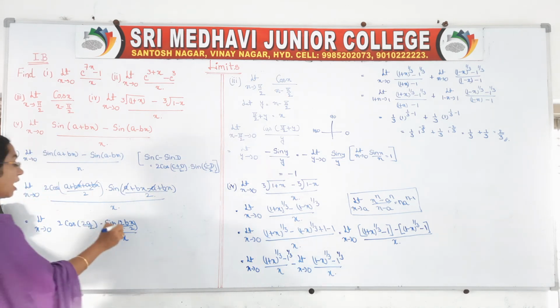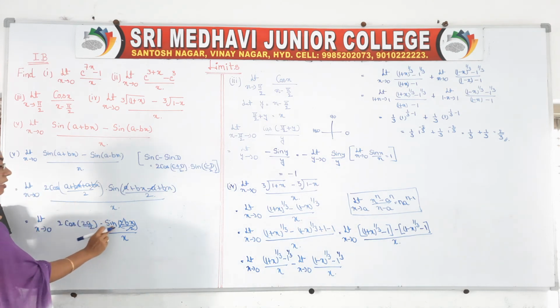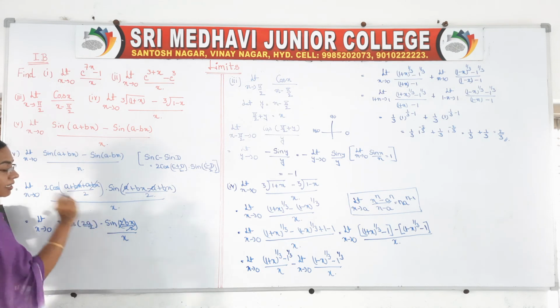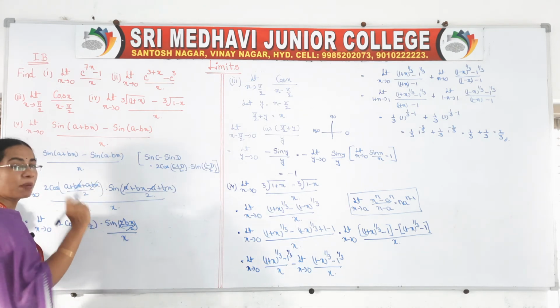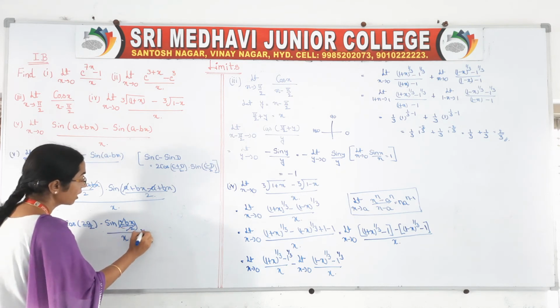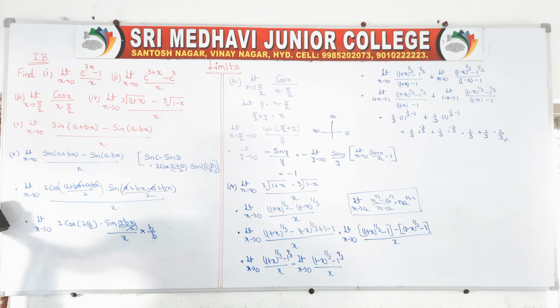Why? We are having one standard formula. Which formula? It is limit x tends to 0 sin x by x is equal to 1. So if you observe here, sin bx is there, x is there. Suppose here also b is there, we can apply that formula. That's why multiplying and dividing with b.